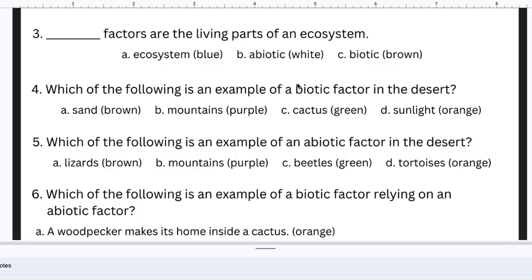Number 5, which of the following is an example of an abiotic factor in the desert? Lizards, mountains, beetles, or tortoises? Which one is abiotic?